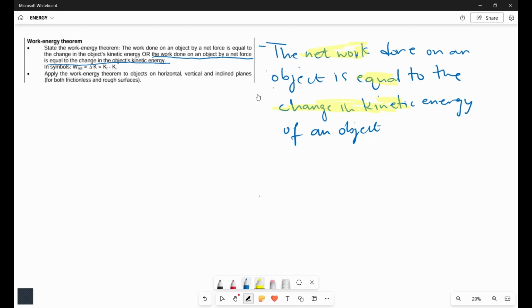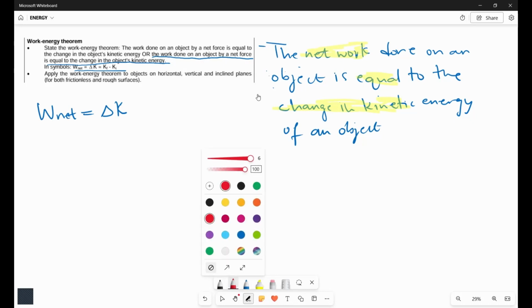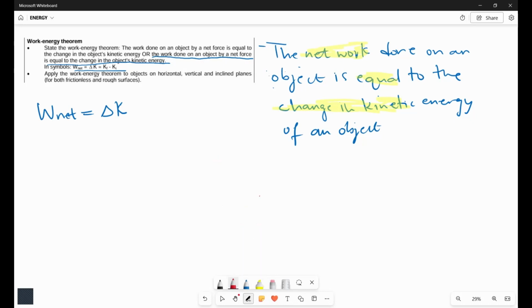Now, the reason I prefer using this formula that I wrote down here for you is because it is very easy to extract this definition from our mathematical representation of this theorem. Now it says W net is equal to change in K. Why do I prefer using this? Because I can say the net work done on an object is equal to the change in kinetic energy of an object.